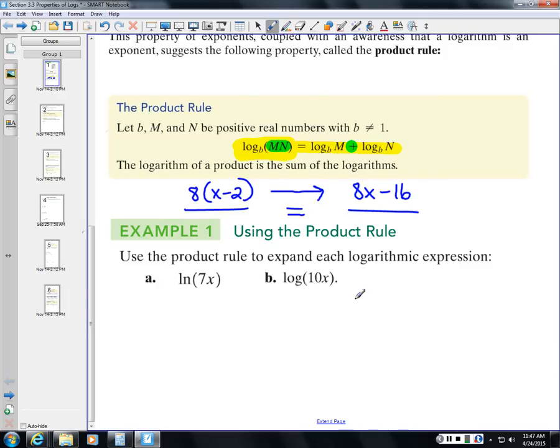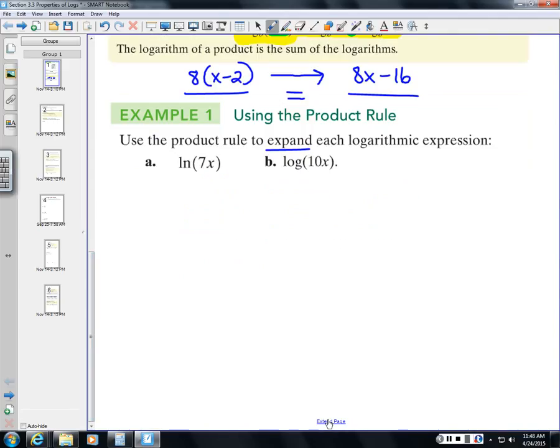So to start off with the basics of using this product rule, the directions say expand each log. So we're going to expand the log, and we have here the natural log of 7x.